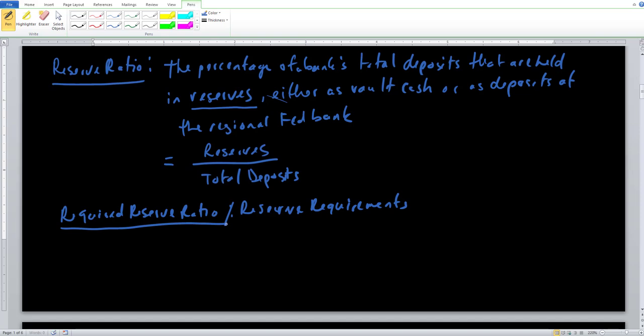Which one we use really just depends on the type of scenario we find ourselves in. So the required reserve ratio is actually a percentage. The reserve requirement is the actual dollar amount. But for our needs, we're going to use them interchangeably with one another.